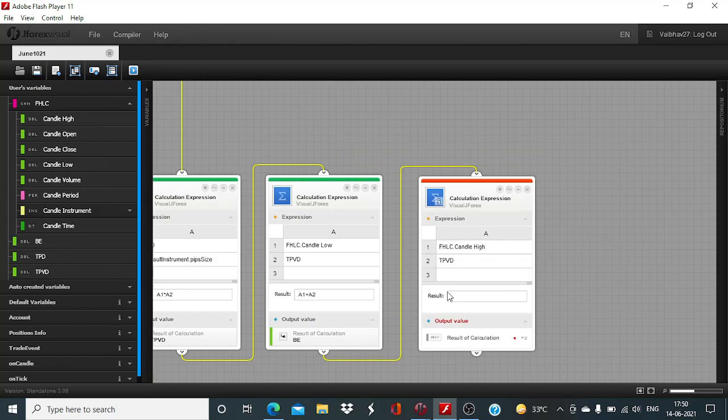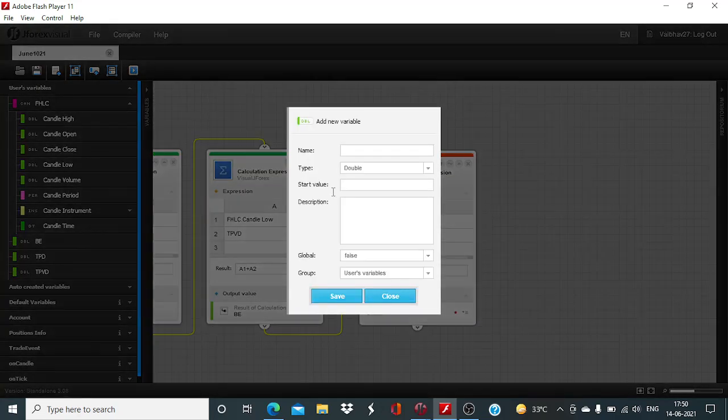So it is going to be A1 minus A2, and the result of the calculation will be sell entries.